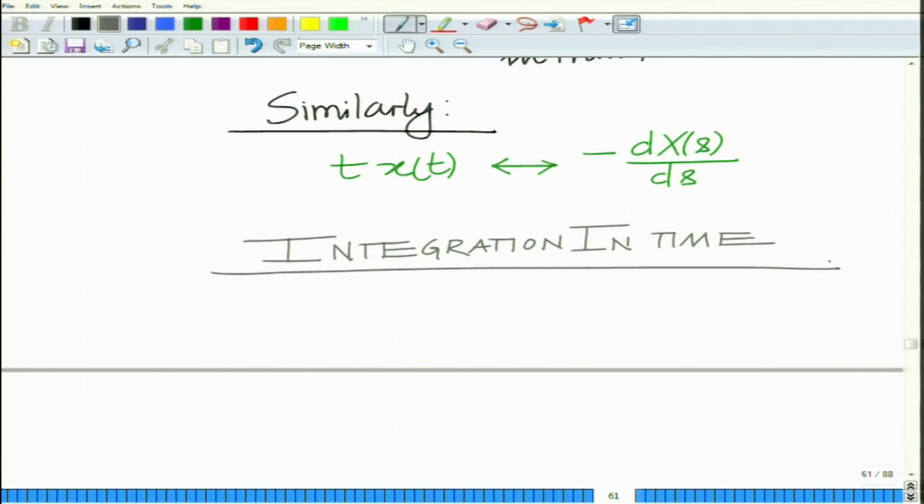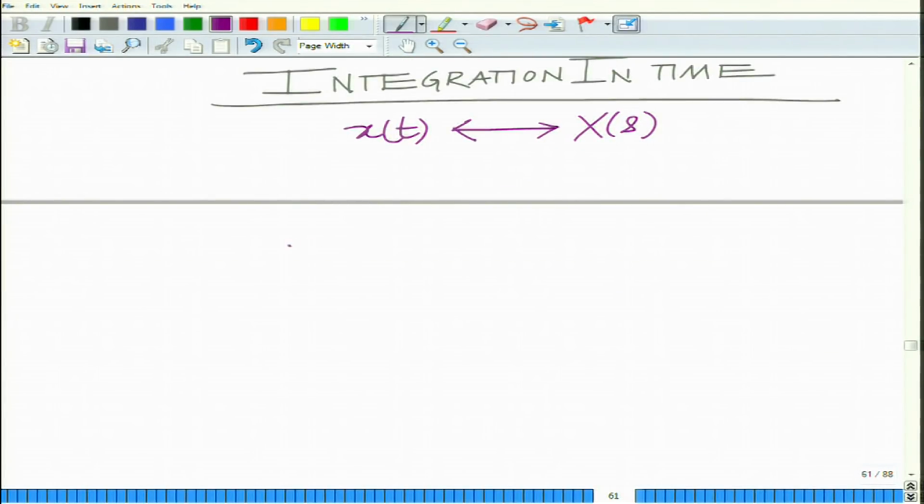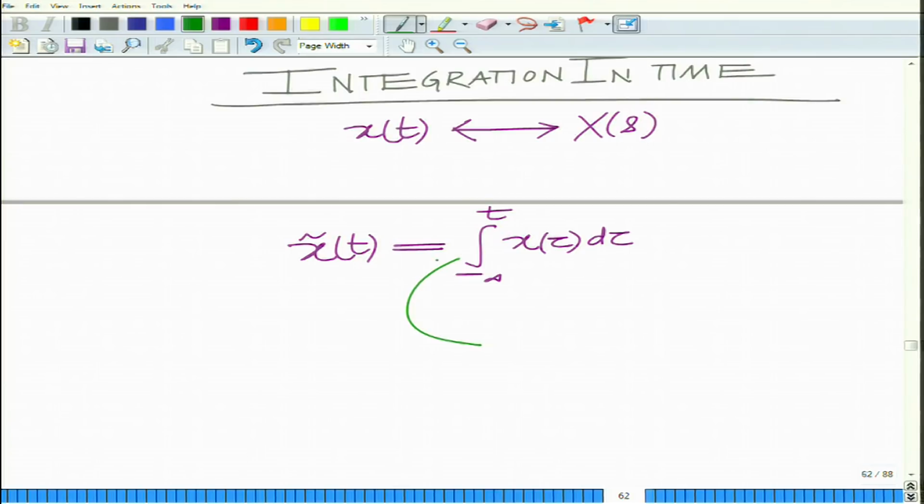Let us consider x(t) which has Laplace transform X(s). If you pass it through an integrator, the output is x tilde(t) equals the integral from minus infinity to t of x(tau) d tau. This is basically the output of an integrator circuit.